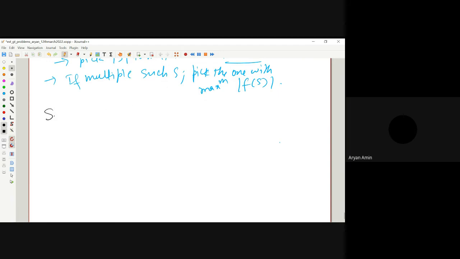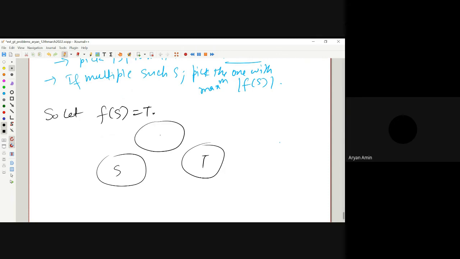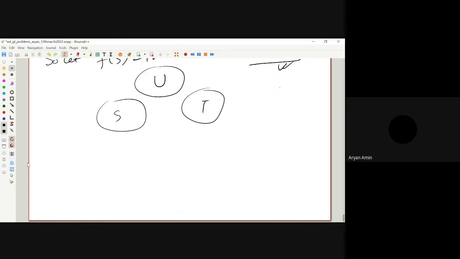So let f of S denote the set T. Suppose this was S and this was T, and there is some part of X not covered by S and T. Suppose that part is U, so U equals X minus S union T. Now what we will do is play with the structure.